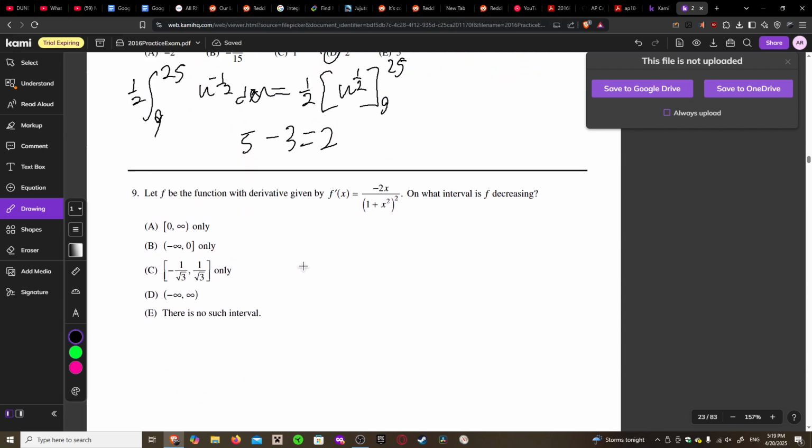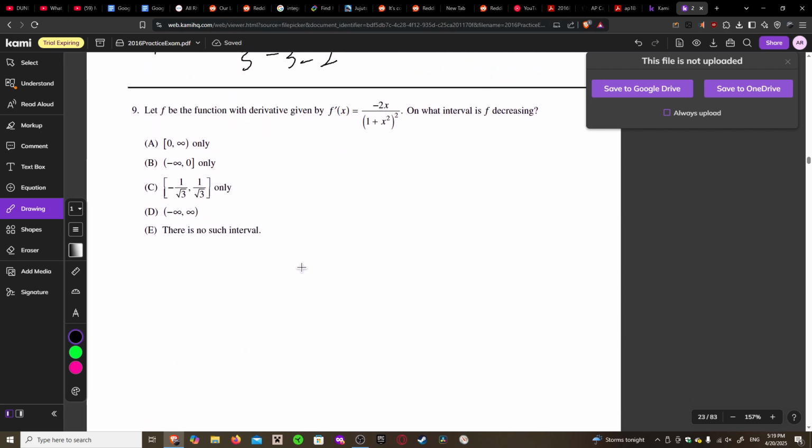Pretty cool question. Let f be the function with a derivative given by f prime of x equals negative 2x over 1 plus x squared to the second power. On what interval is f decreasing? Interesting. At least one of the x's would have to equal 0.